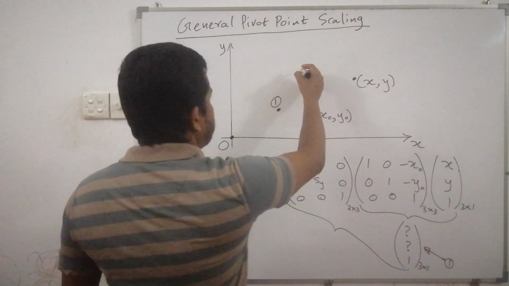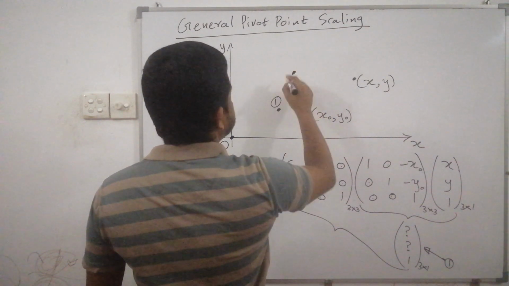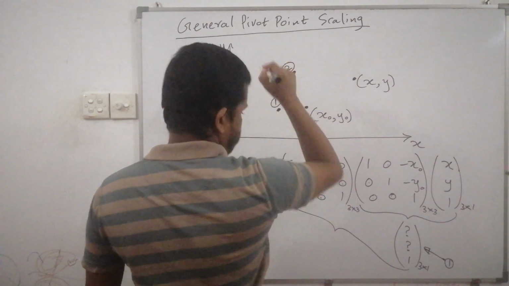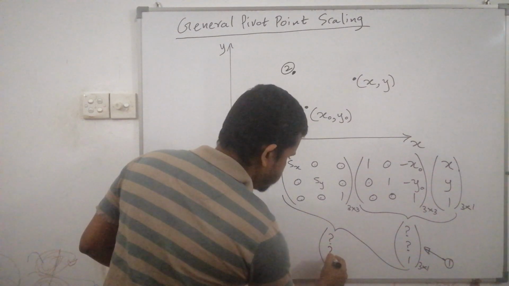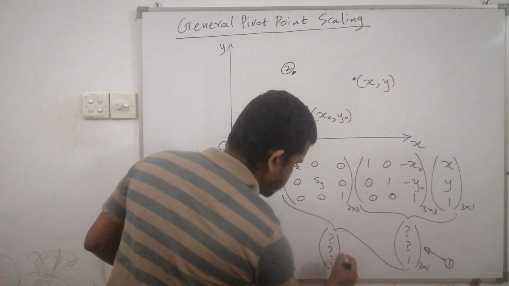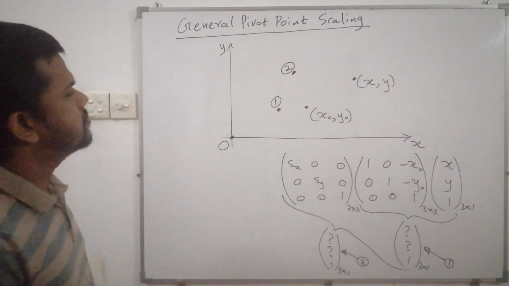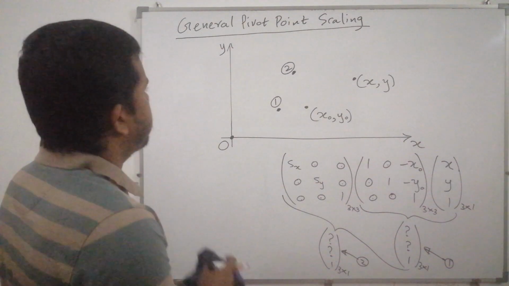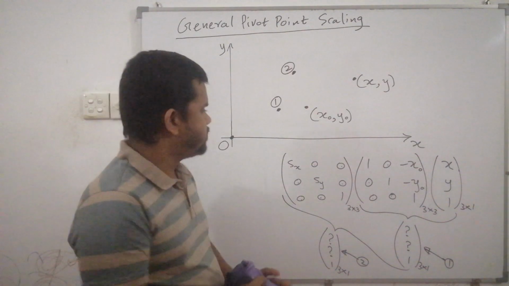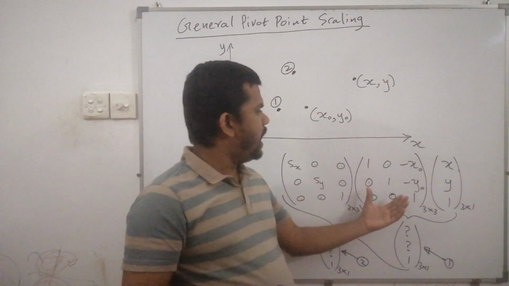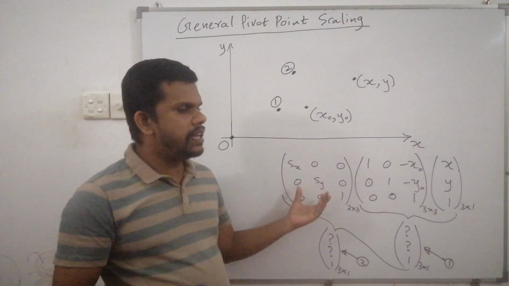So let's think we get this point and its coordinates. Now we have translated to the origin and scaled it.